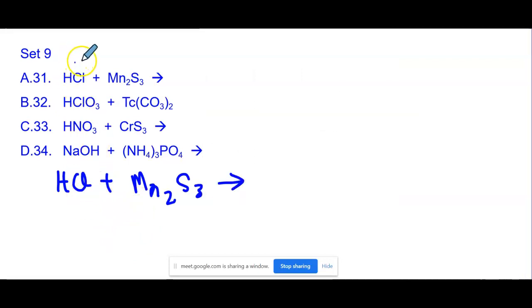Okay, you ready? So we have a compound plus a compound, yes? So we got to start in our synthesis decomp box, and we should observe that it's not any of those, because I don't have a CO2, H2O, or an O2.